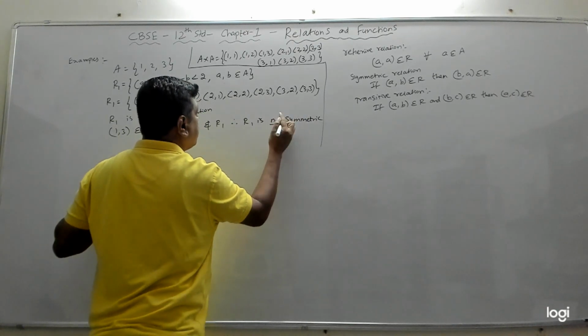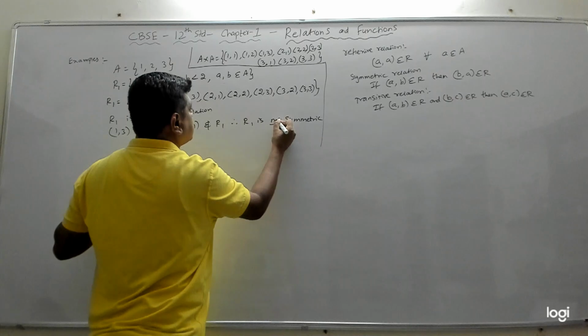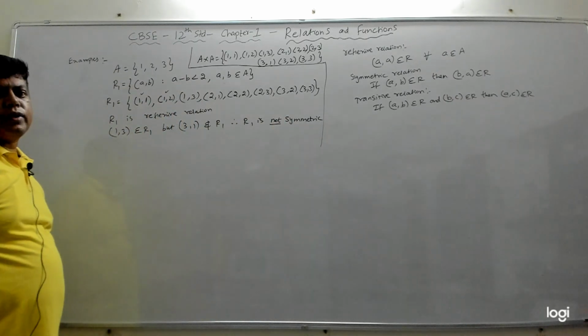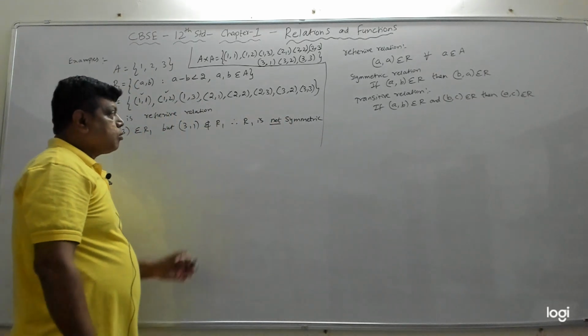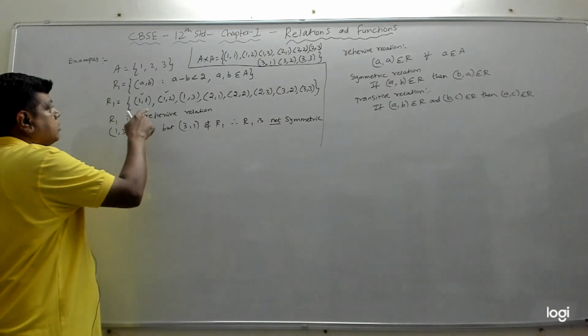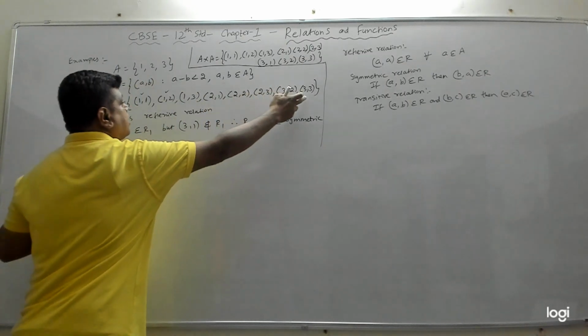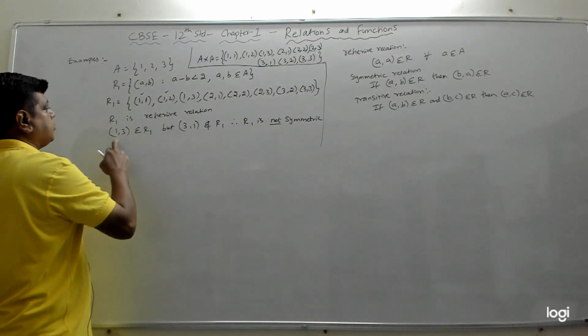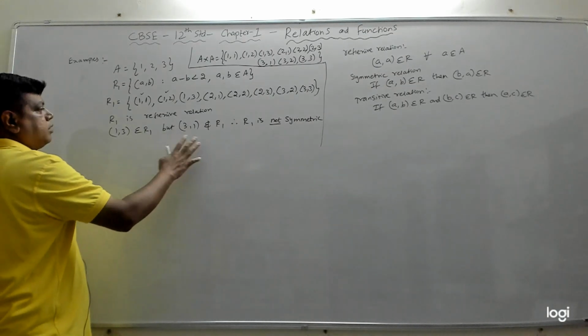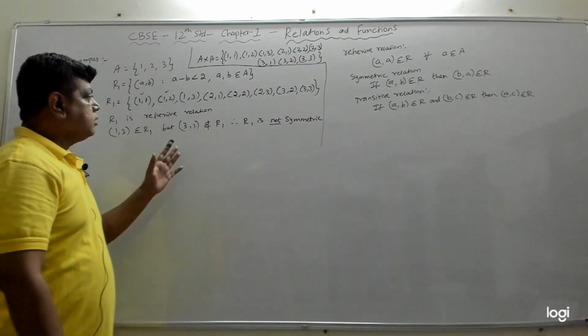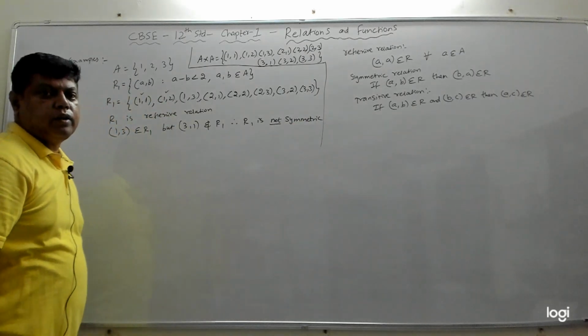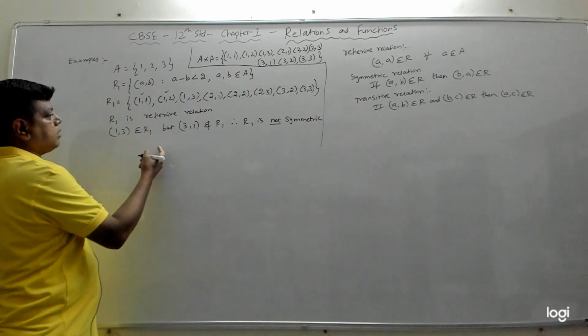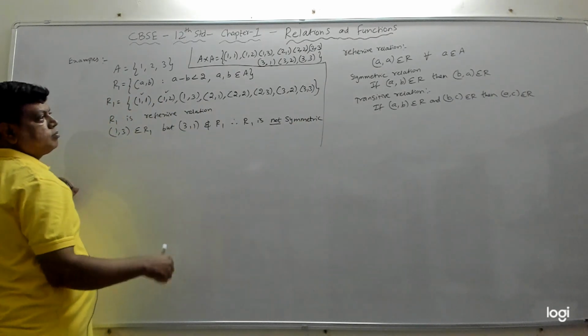R1 is not symmetric, which means not a symmetric relation. So this is a reflexive relation because 1 comma 1 is there, 2 comma 2 is there, 3 comma 3 is there. Right? But it is not a symmetric relation.